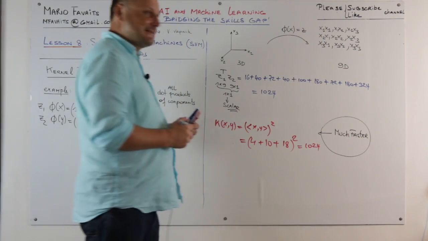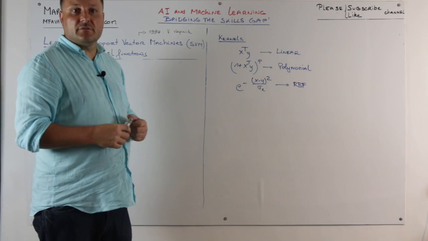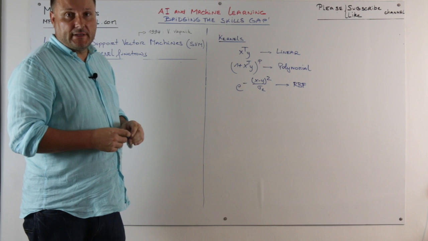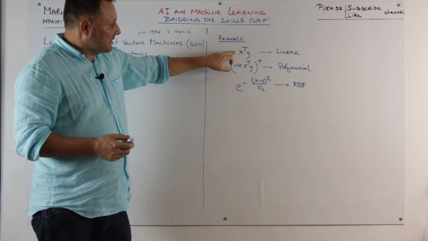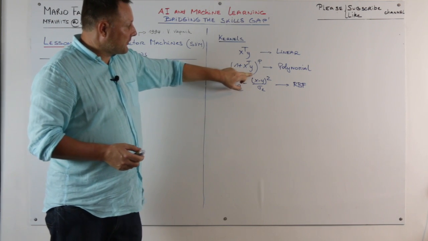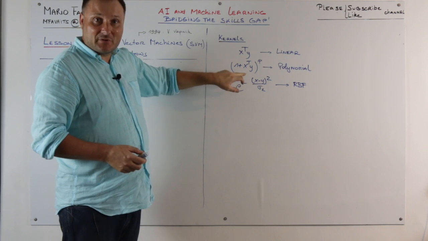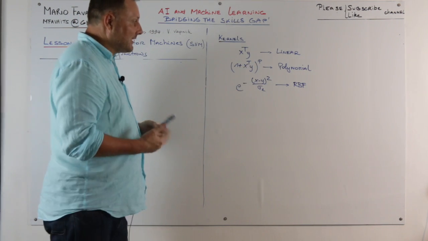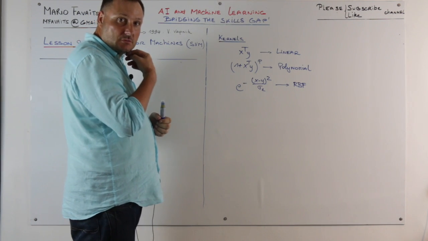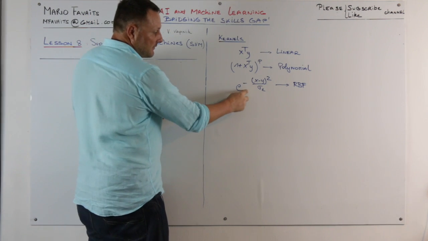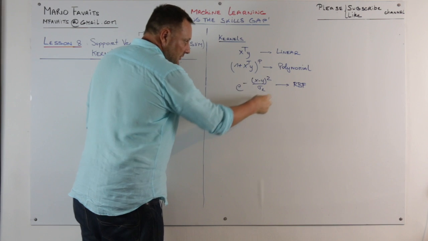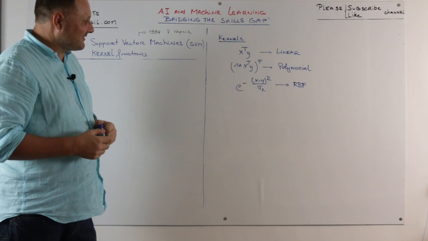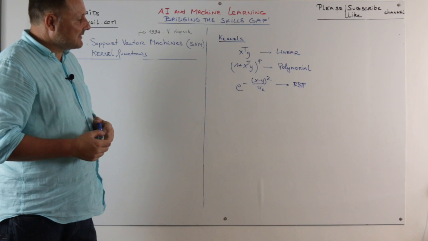This is fantastic. These kernels are not something very rare. There are several kernels that exist. We have the linear kernel, we have the polynomial kernel, which is basically the kernel that we used in our example, to the power of p. In our case p was 2. And then you have this kernel here, which should make you think about one famous continuous distribution that we discussed in the past.